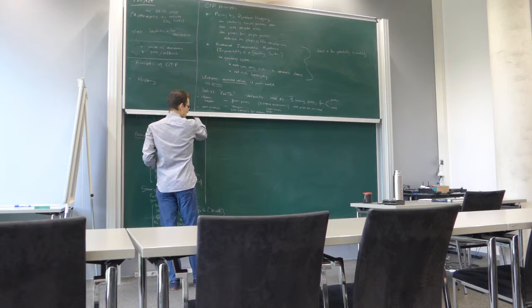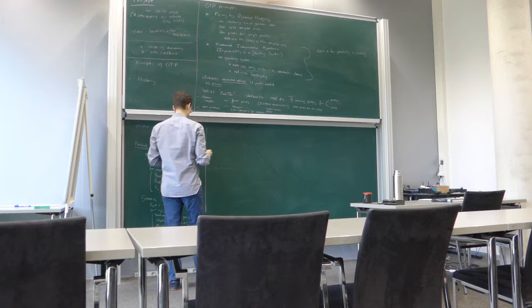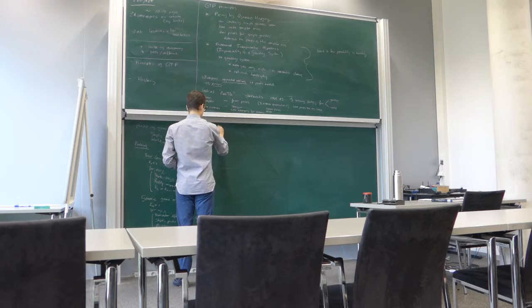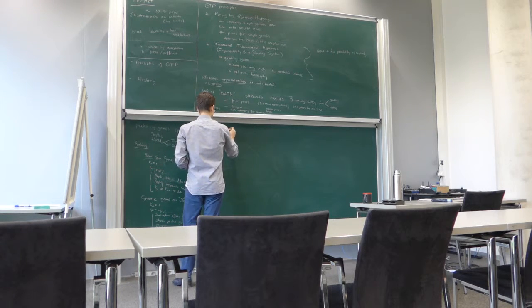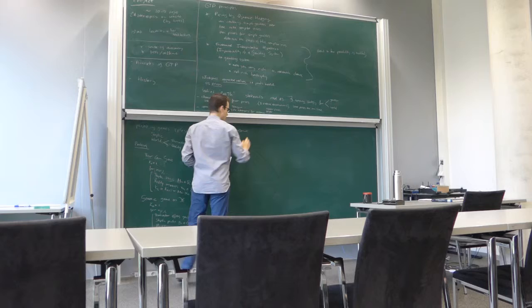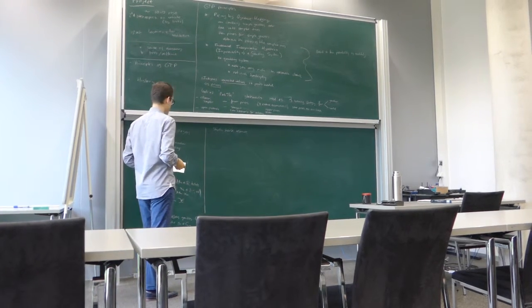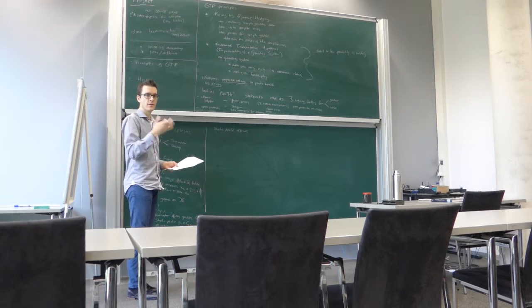So the first thing that we'll say, to make things easy, is that skeptic and world alternate. We have two players, and it's just so much more convenient if they move alternatingly.